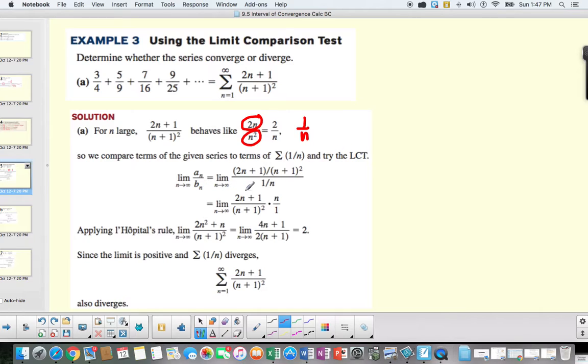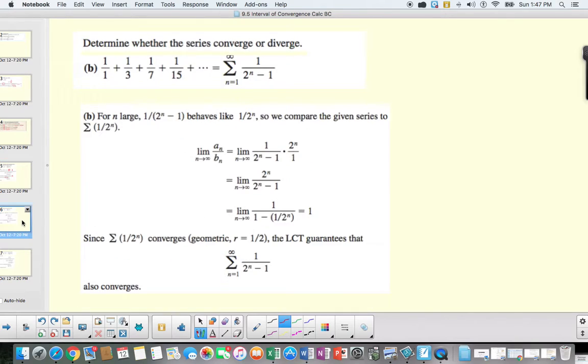So here is the comparison of the two ratios. Using L'Hopital's rule, we end up getting 2, which tells us they're behaving in the same way. And because we know that what we're comparing to is the harmonic series, we know that the series that we're investigating must also diverge.